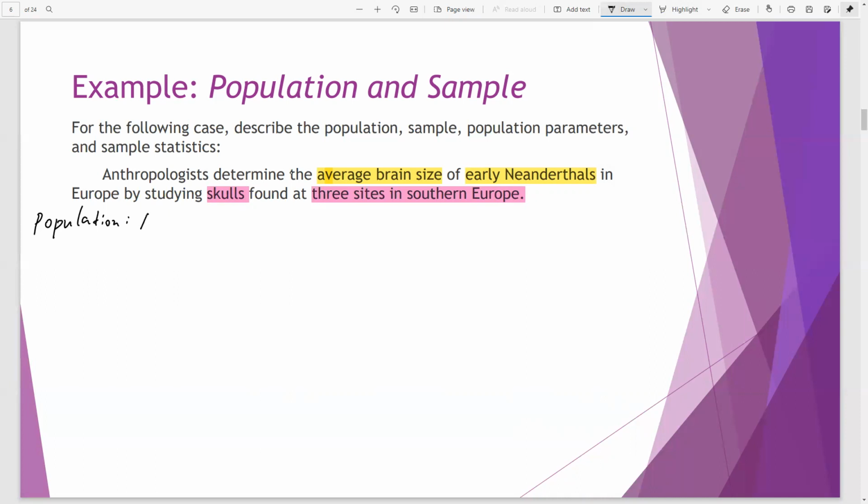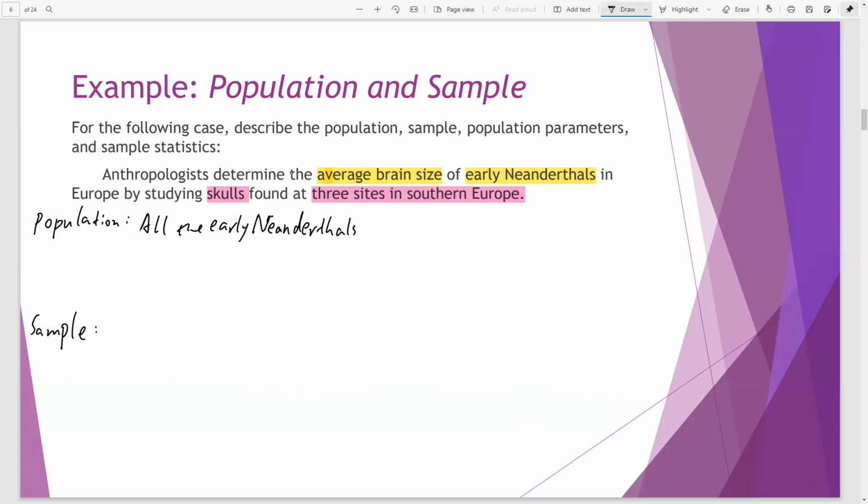are actually all the early Neanderthals. Right, that's the population. We don't even know how many they are, but all of them are what we are considering, right?